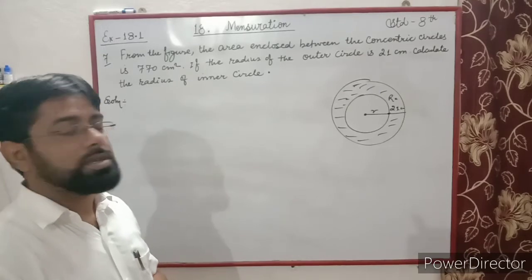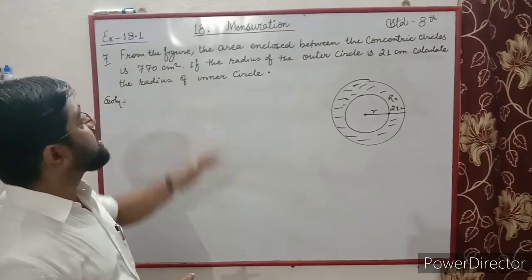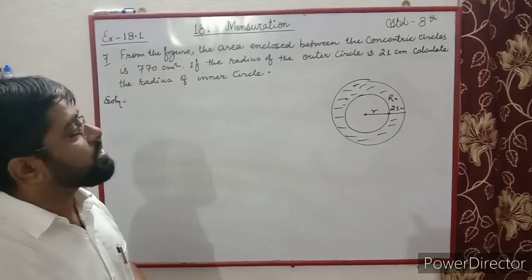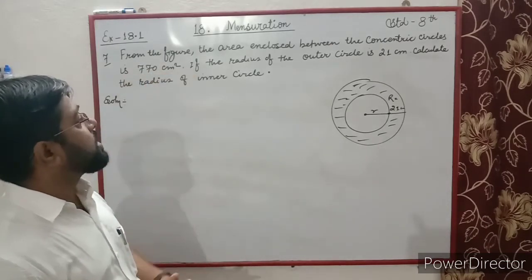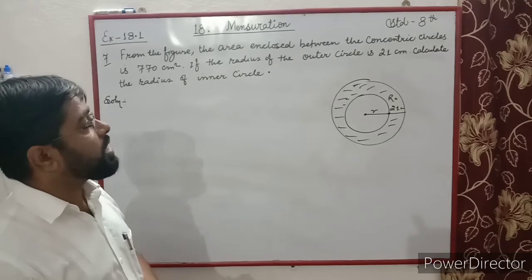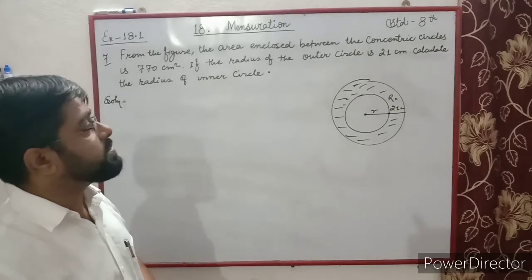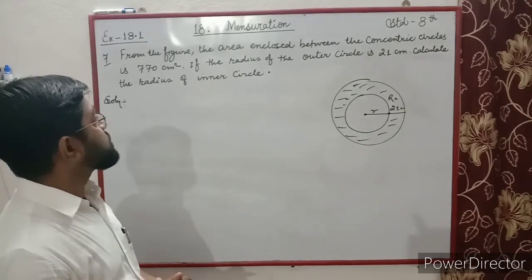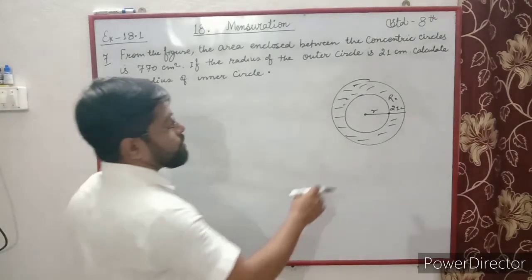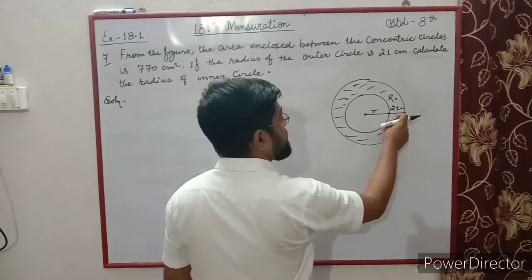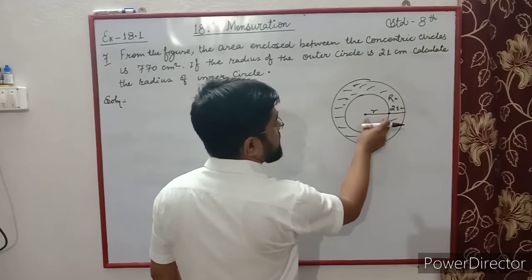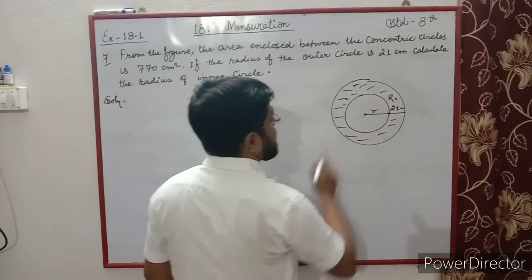Let's see one more question. Question number 7. From the figure, the area enclosed between the concentric circles is 770 centimeter square. If the radius of the outer circle is 21 centimeter, calculate the radius of inner circle. So radius of the outer circle is 21 centimeter, it is given, and radius of inner circle it is not given, so we assume small r.